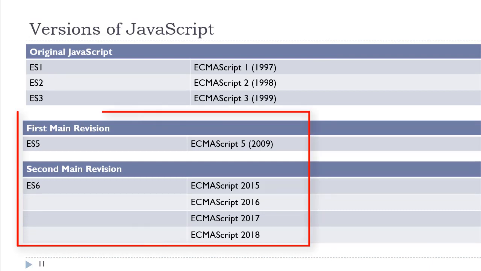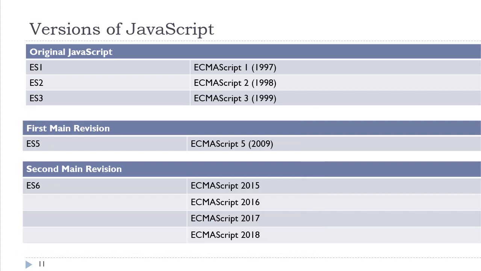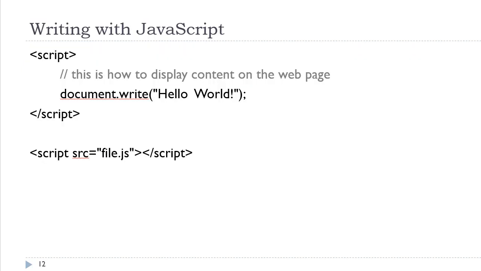The document object model was introduced in ECMAScript 5, which gives us the ability to interact with the page based on the HTML CSS document object model, meaning we can access the content, the elements, the attributes, the CSS properties and values, which gives us a lot more control over modifying the page. We will be learning about those differences in this course.